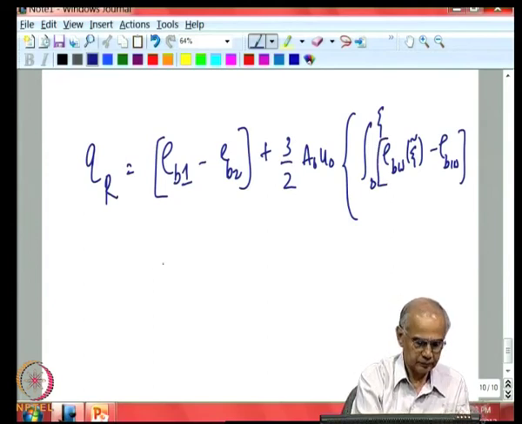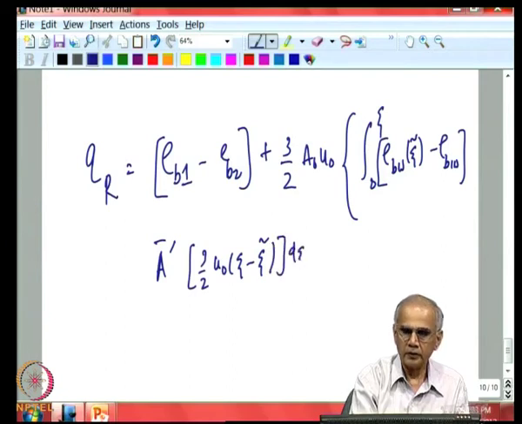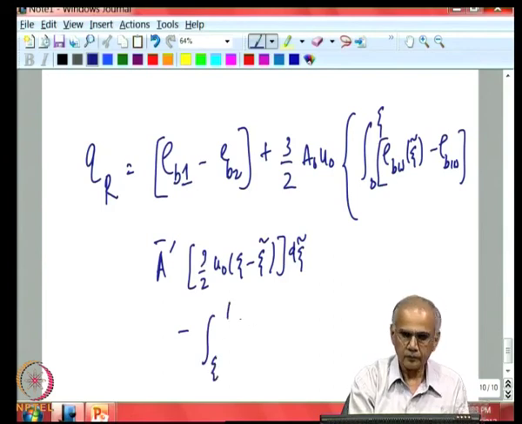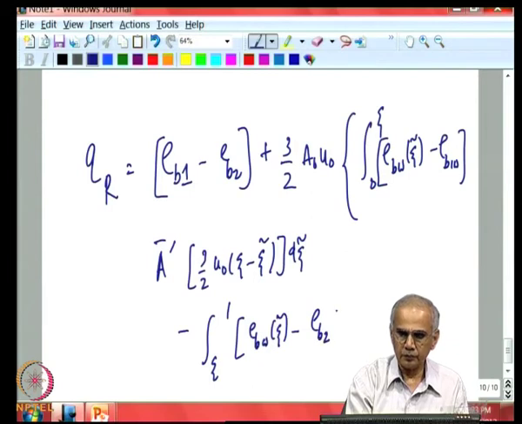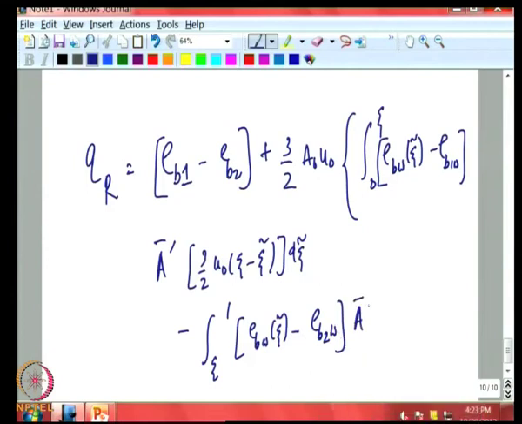Then the derivative of the band absorptance, A prime of 3 by 2 u by (psi minus psi tilde), d psi tilde, minus the integral from psi to 1 of E b omega of psi tilde minus E b 2, which is a constant, not a function of scale, into the derivative of the band absorptance of (psi tilde minus psi) d psi tilde.